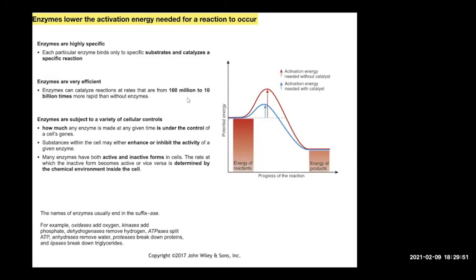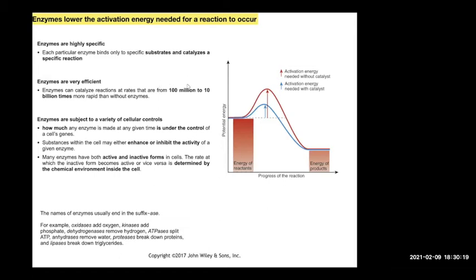So any particular enzyme binds and interacts with specific substrates, like a water and a glucose molecule or a sucrose molecule, to put them together. And they catalyze a very specific reaction. So we have millions of different enzymes, thousands, whatever you have, to carry out very specific functions.